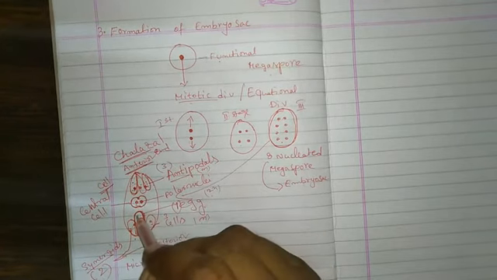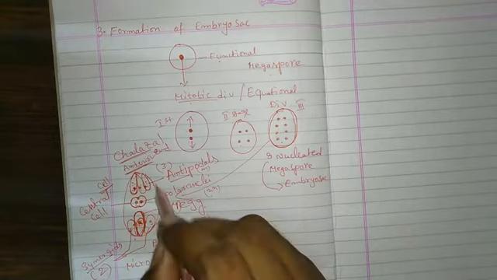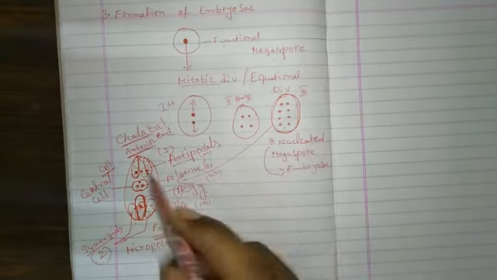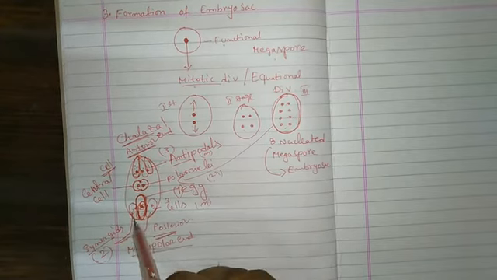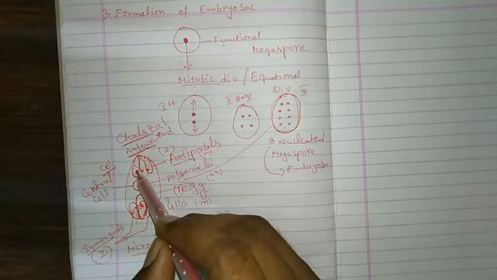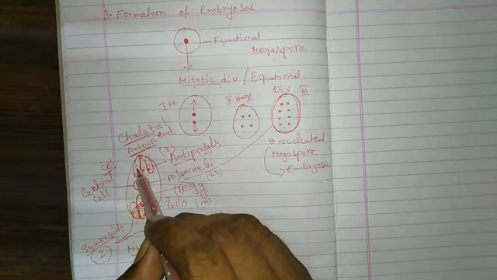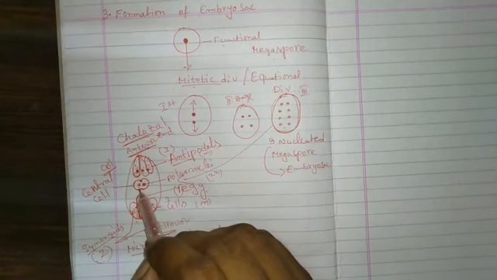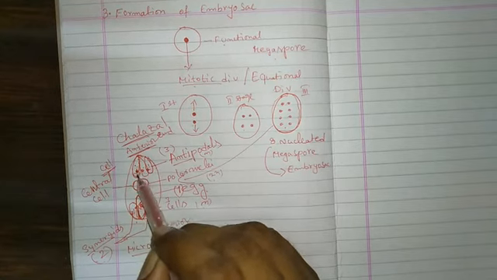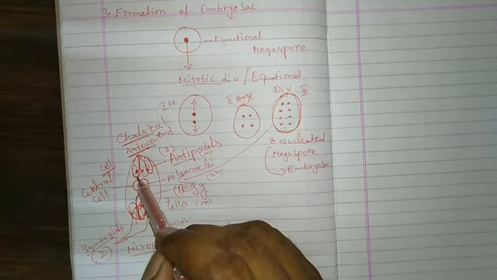So how many cells are there in the embryo sac? Total number of cells is 7. 1, 2, 3 at the micropylar end, 3 cells are there. And above, 3 cells are there. 3 plus 3, 6 plus 1, 7 cells are present in the embryo sac.